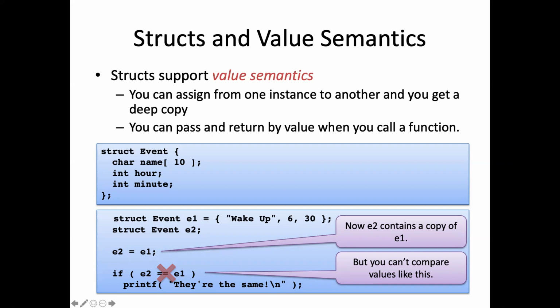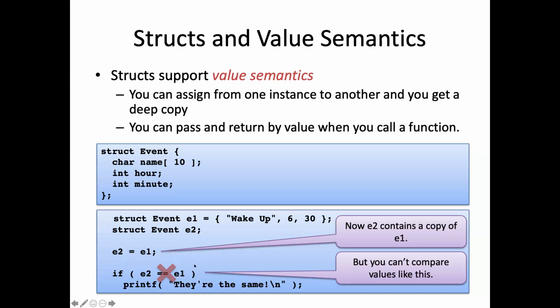Remember, you can't do this with arrays, but even after I've already made these 2 structs, I can copy from E1 to E2. E2 is a separate struct. I could change it later, but until I start changing it, it looks just like a copy of E1. It gets a copy of all of E1's fields.